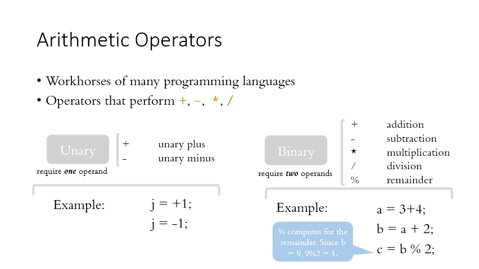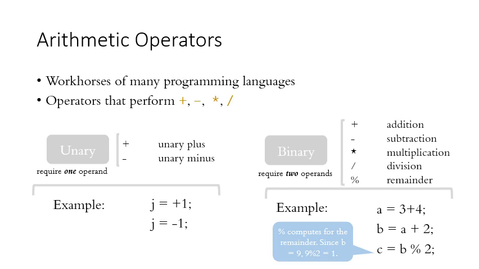An example is plus or minus, which simply indicates whether a number is positive or negative. The unary operator plus usually does nothing actually. Without this, the number will simply be interpreted as a positive integer. While when we use a unary minus, we indicate that a number is negative.